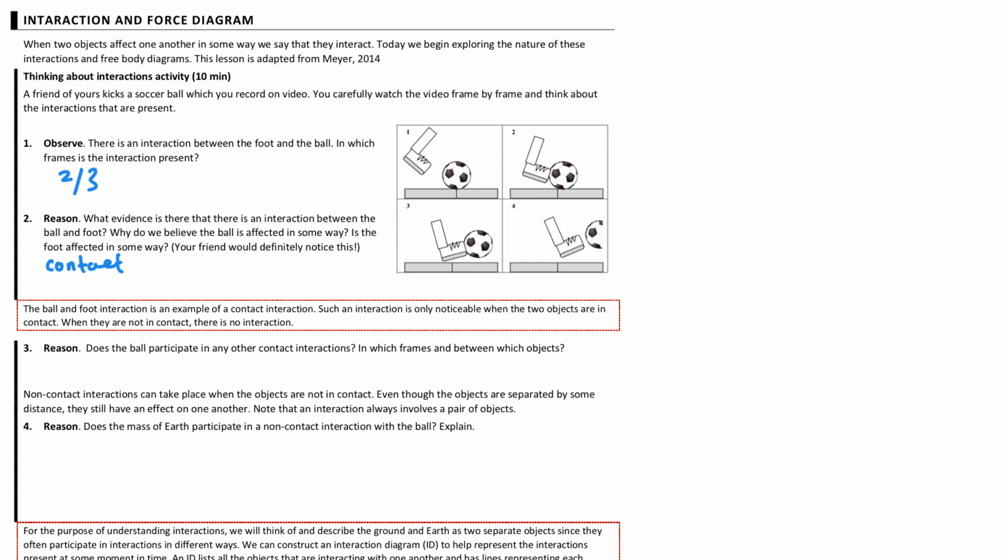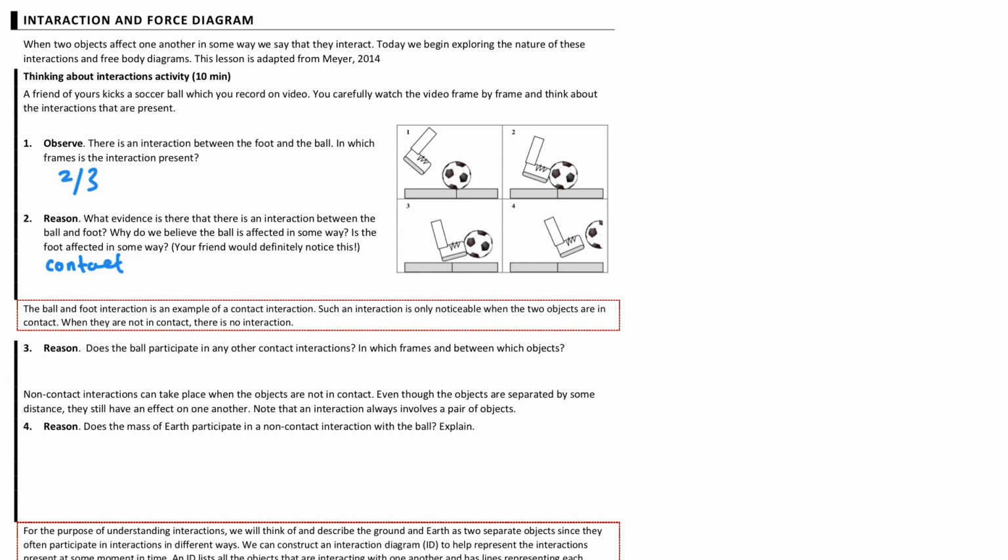During this contact, this person will feel the soccer ball, and the soccer ball, if it had feeling, would feel the foot. And they would both in this situation and in this situation. So contact is the main way, and both of these objects will feel some sort of contact.